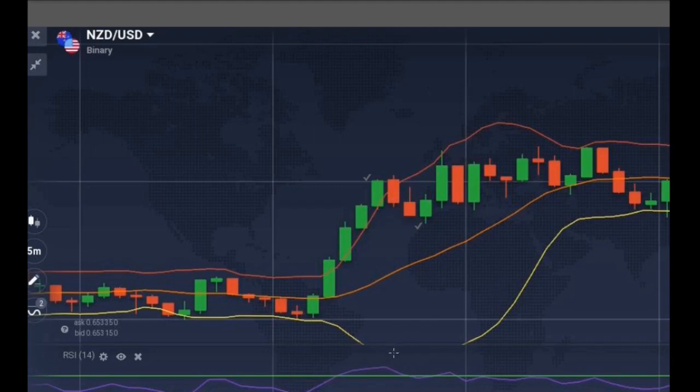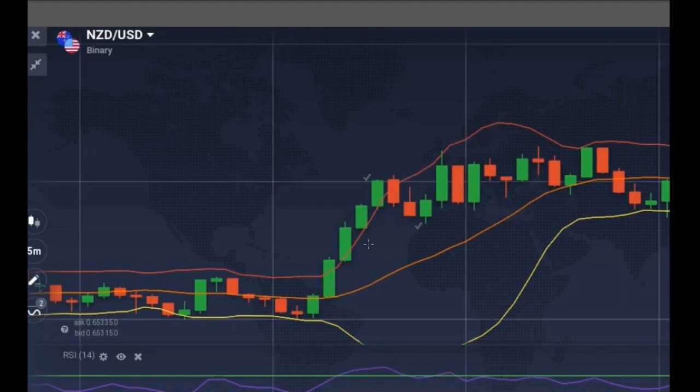Okay, so there's a rise on the candlestick chart and there is a decline or a fall on the RSI chart.